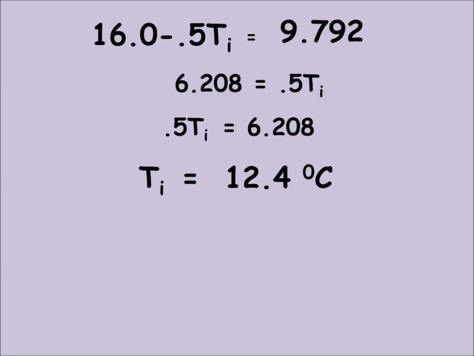Then solving through, I'm going to add 0.5 Ti to both sides, and I'm going to subtract 9.792 from both sides, and then I'm going to divide through by 0.5, and I get Ti equals 12.4. 12.4 degrees Celsius will be the answer to that.